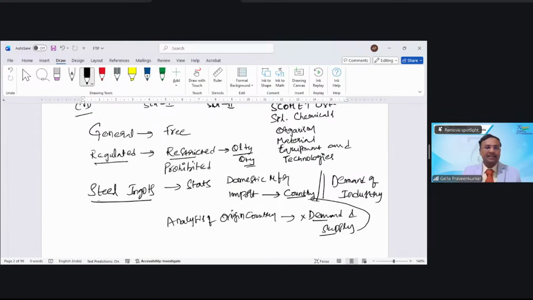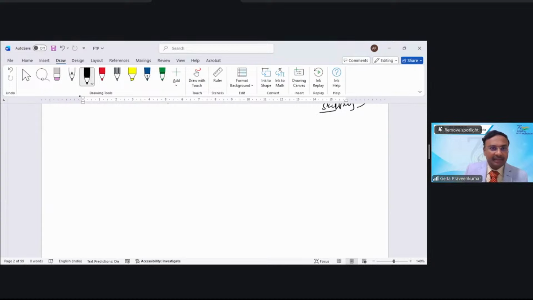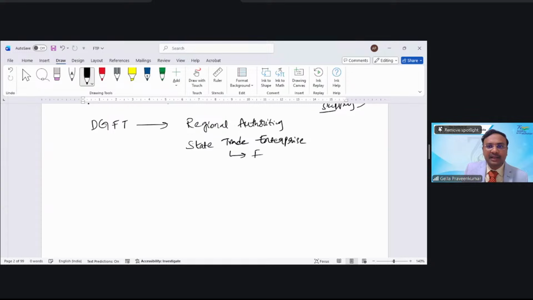Now, I have branches of my DGFT. So how does DGFT work? They work with the regional authorities, or we have state trade enterprises, like the Food Corporation of India and ONGC. These are a couple of examples of state trade enterprises.